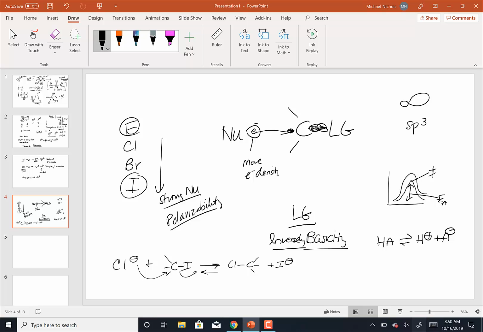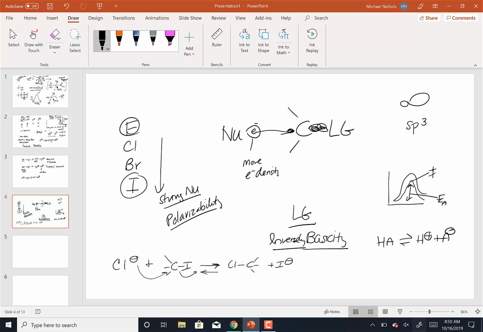If I want to shift that equilibrium to the right, what should I do? Le Chatelier is not an option, because when you add more HA, you're not going to change the percentage of HA versus A minus or H plus.